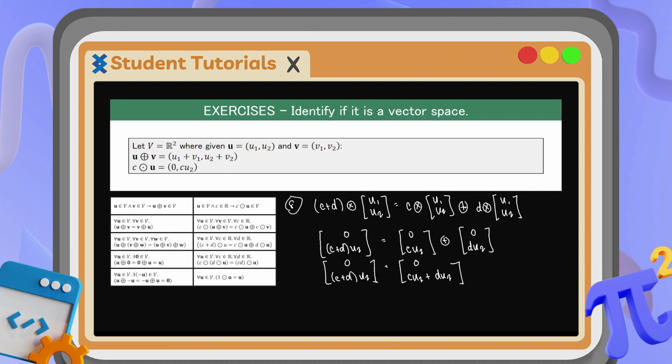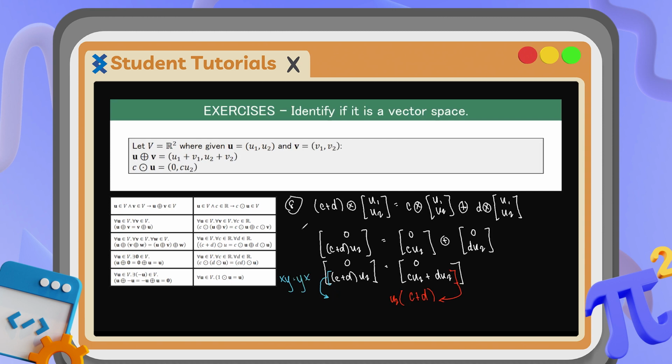So now, observe that c plus d, we can factor this out and give us u sub 2. This one would give us this result. We factor out the u sub 2 and what remains is the scalar c plus d. On the left-hand side, we can see that this one is actually commutative because multiplying is commutative.